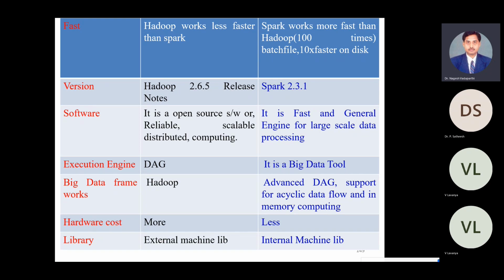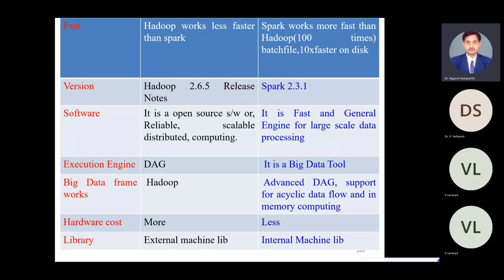Spark is a big data tool used as an execution engine. Next parameter is big data frameworks, whereas Hadoop uses the Hadoop concept. In Spark, it is an advanced DAG, directed acyclic graph, with support for acyclic data flow and in-memory computing.